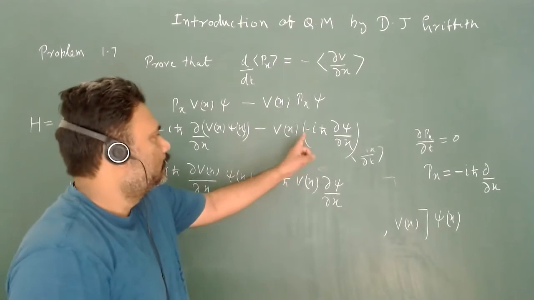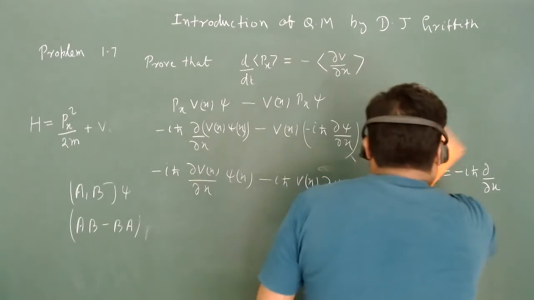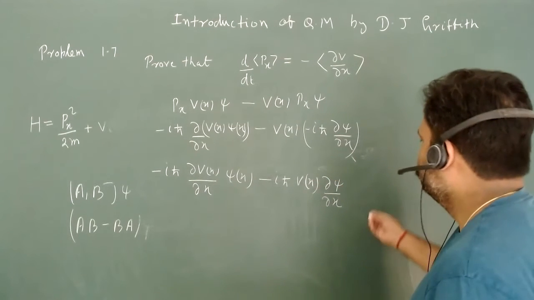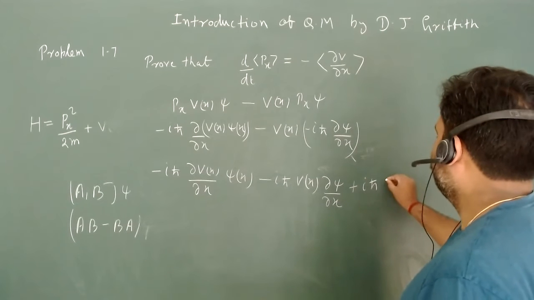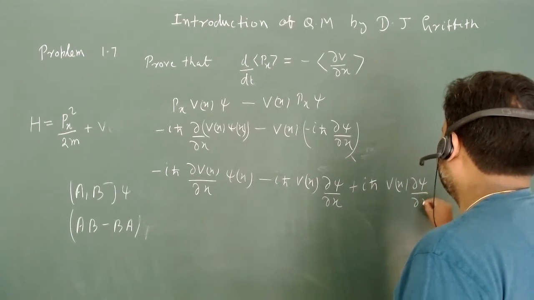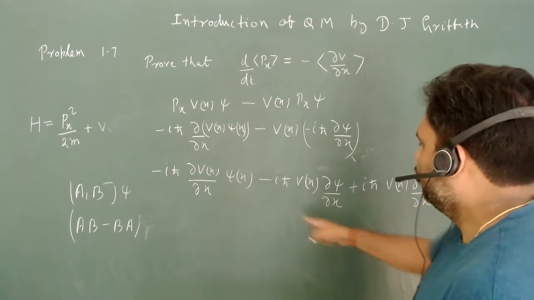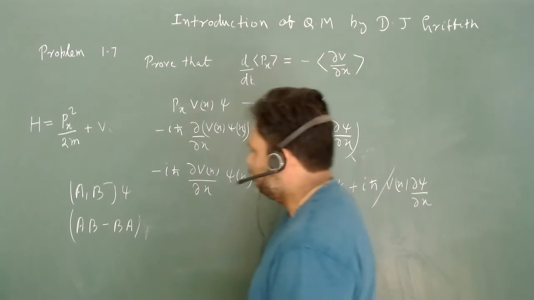Now we will go for this term. This minus minus term is plus, so we will write this particular thing as plus iħ Vx ∂psi/∂x. We can see that this term and this term have the same value but opposite sign, so they are equivalent and cancel.